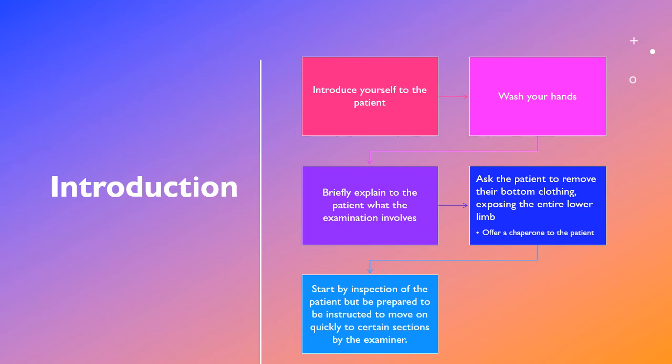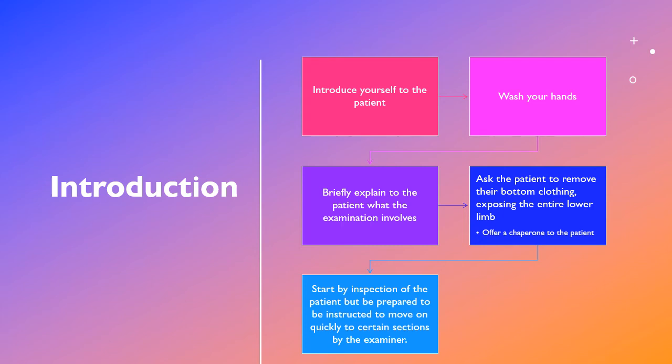Briefly explain to the patient what the examination involves, what you can expect from the examination, especially pain and discomfort. Expose the patient adequately by asking them to remove their bottom clothing, exposing the entire lower limb. If necessary, offer a chaperone to the patient.